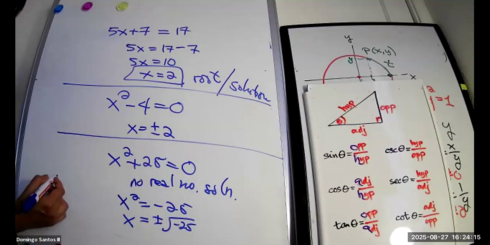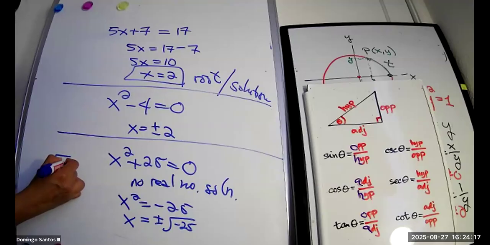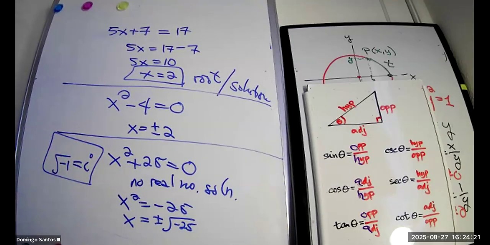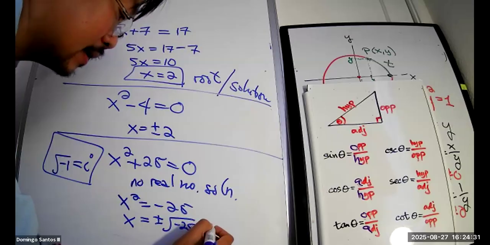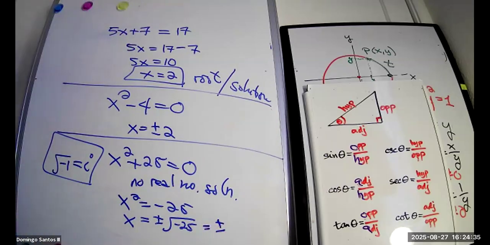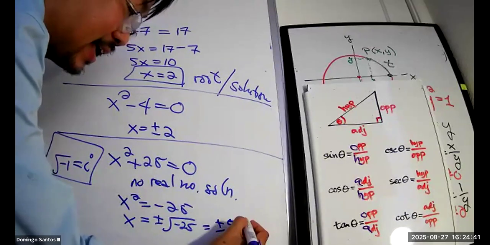That means you were introduced to the imaginary number i, which is the square root of negative 1. Because a negative number does not have a real square root. What's the square root of 25, Jessica? 5. Then the square root of negative 1 is just i, right?